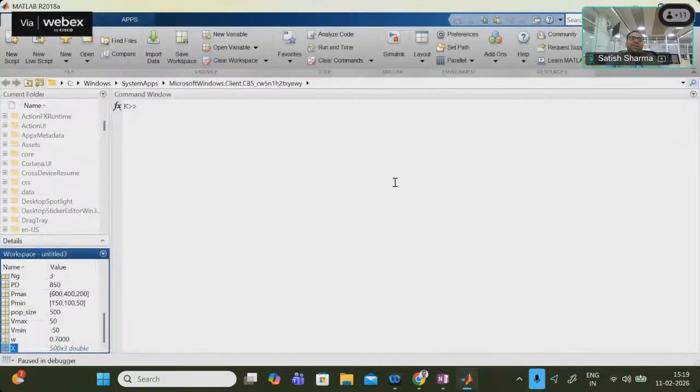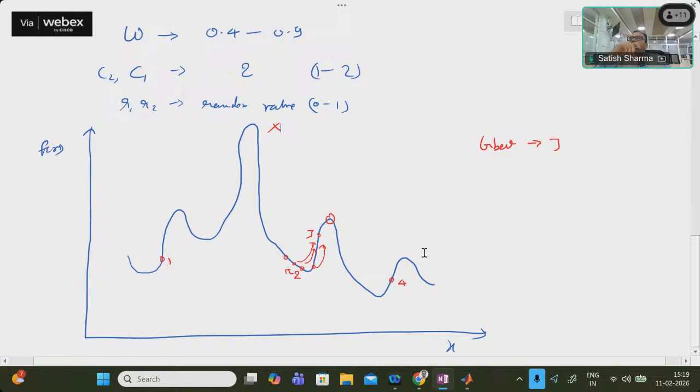Now if I convert the entire problem into a single variable problem, then I think we will have a better solution. And we have solved a single variable problem as well. Like in the lambda iteration method, we only considered one variable lambda and we updated that lambda, and with that lambda we got p1, p2, p3, and depending upon the values of p1, p2, p3, we fixed those limits and then got the solution over and over.